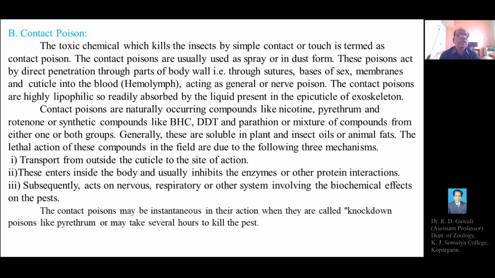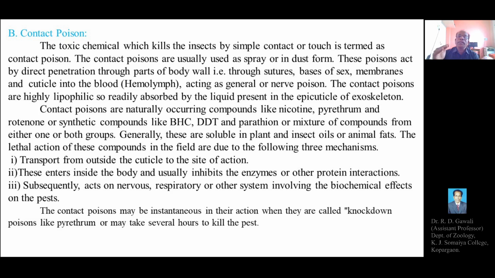The contact poisons are highly lipophilic, so they are readily absorbed by the lipids present in the epicuticle or the body wall or exoskeleton. The epicuticle, the outermost layer of the body wall or skin or integument, also contains some type of lipids.